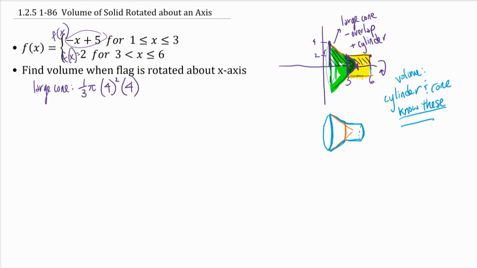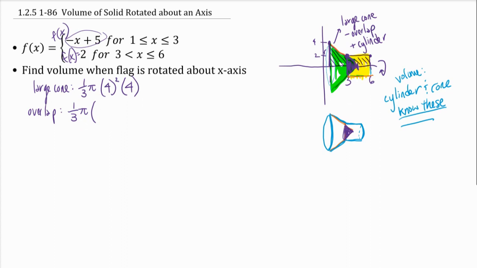Okay, and then what about my overlapping piece? My overlapping piece is a little cone here. The volume of a cone is 1/3 pi r squared h. So what is the radius of my overlapping piece? Well, if x is equal to 3, my y value is 2.